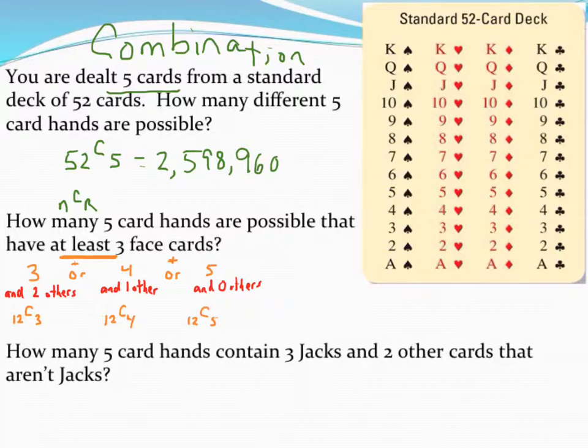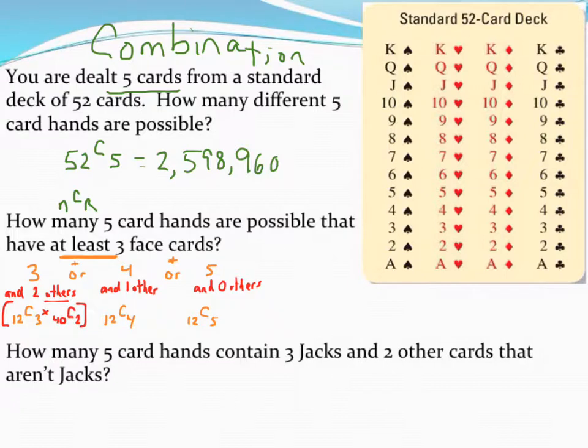Well, let's deal with the red part of this as well, the other part. I have to think, well, the others are the non-face cards. If there are 12 face cards in the deck, that means there are 40 non-face cards, because there's 52 cards in the deck. So this would be 40C2, and those pieces are being multiplied together. So I'll kind of bracket this off.